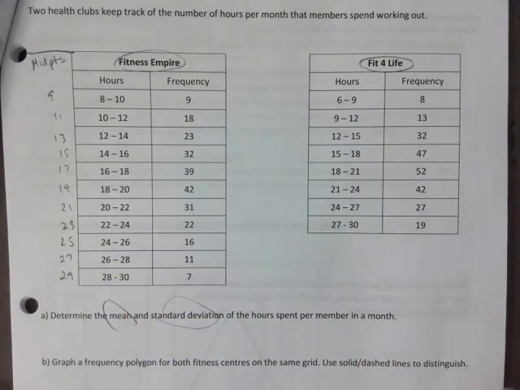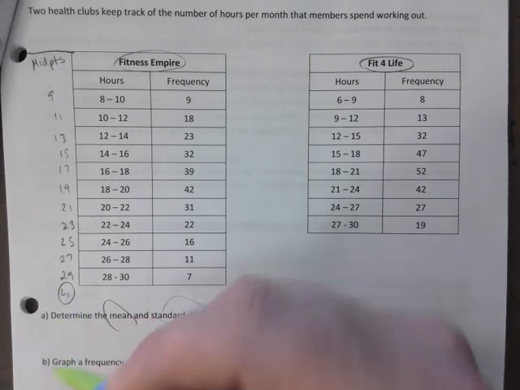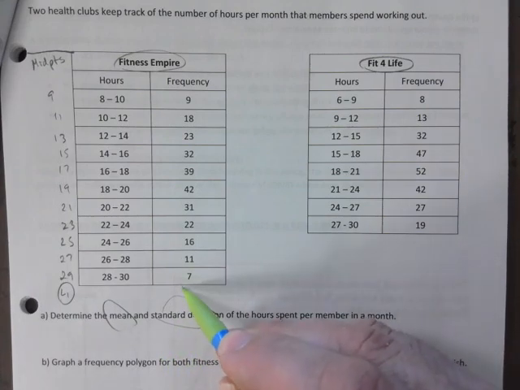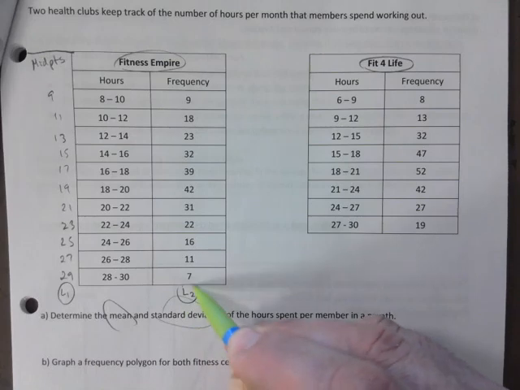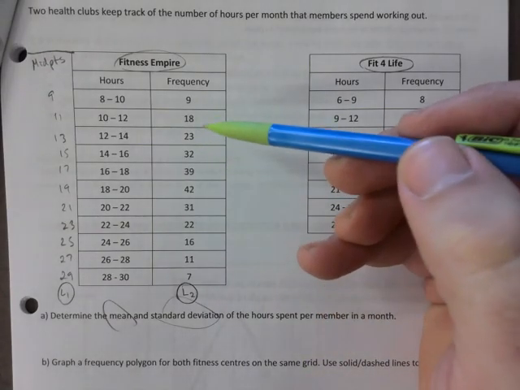So what do we do next to find the mean and standard deviation? We put the midpoints into L1, right? We're kind of finding the average. And we put the frequency into L2. Okay. What is the frequency in this particular case?